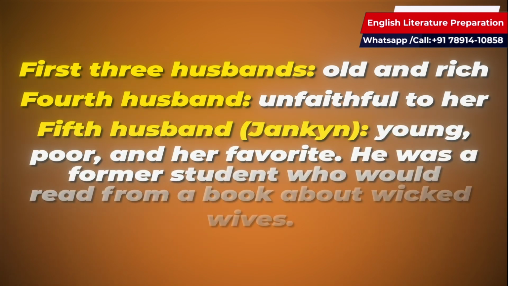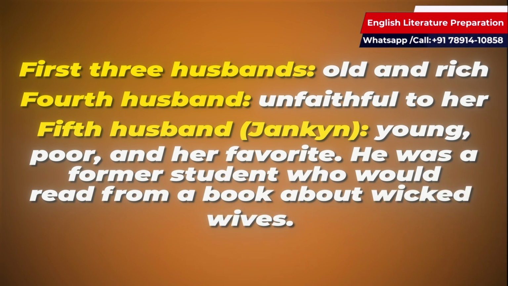The 4th husband was unfaithful to her. The 5th husband, Jankin, was young, poor, and her favorite. He was a former student who would read from a book about wicked wives. She loved Jankin, even though he sometimes treated her badly. She strongly believes that wives should control the marriage.